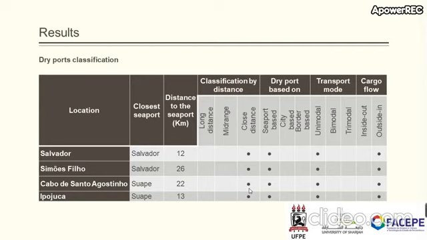And the last characteristic was that the cargo flow was outside in for all those dry ports, focused on import cargoes. In Brazil we usually export more commodities and import more final products like technology, so the dry ports attend the container cargo mostly in the import cargoes.